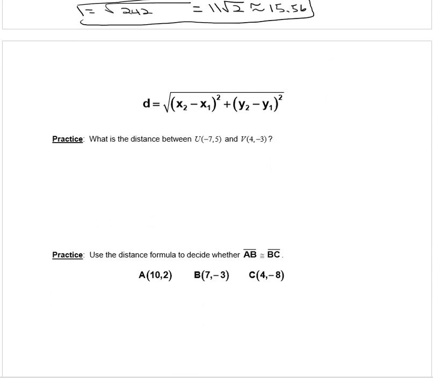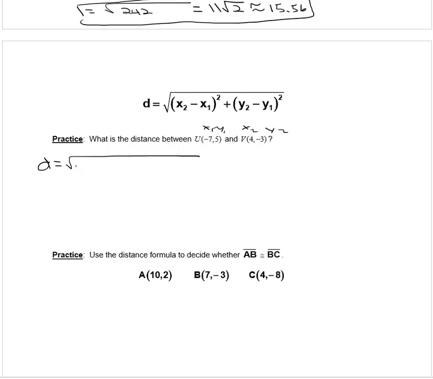So let's do the same thing here. So in this example, distance is going to equal, I'm going to label it, this is x1, y1, x2, y2.